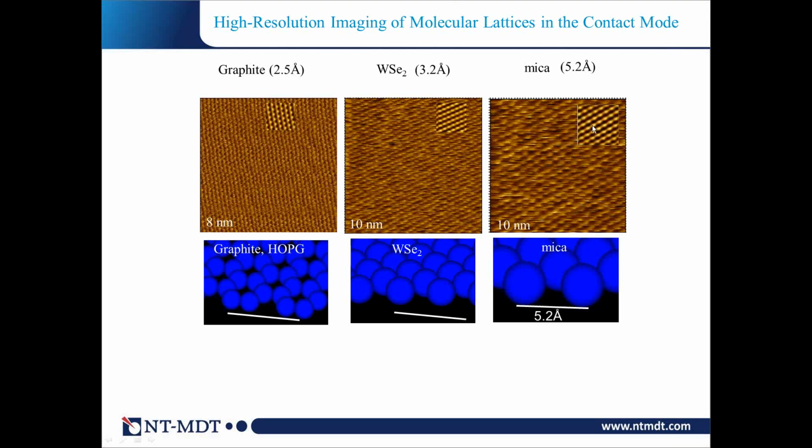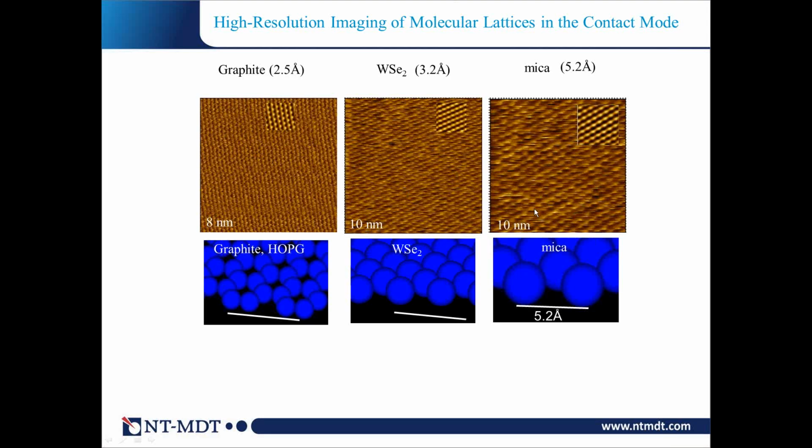In this case, what we get are periodic hexagonal lattices, and people use some filtering to improve the view of the lattice. The lattice in general reflects the crystallographic lattice of the surfaces, with a lot of variation, of course, because of the size of that, as you see on the bottom, where the pictures show the atomic structure of these surfaces. It's much easier, of course, to get the corrugation on mica. It is much more difficult to get it on graphite. Tungsten selenide is somewhere in between.